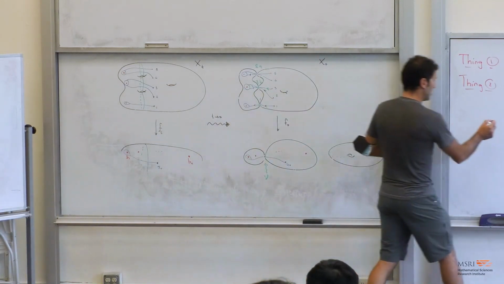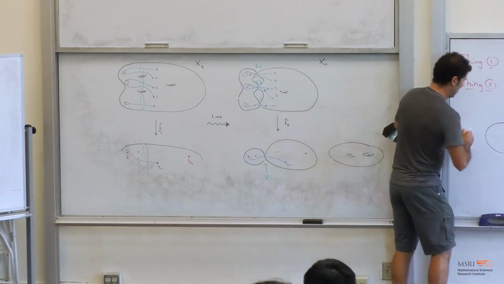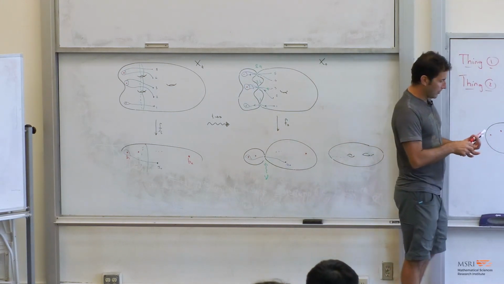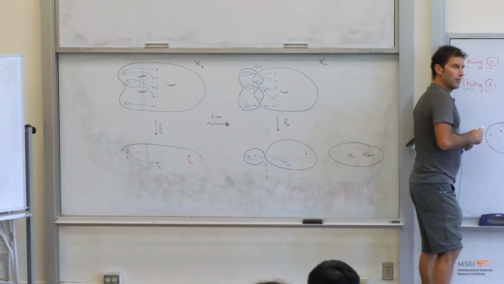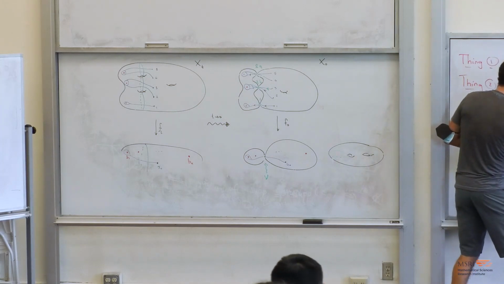Once you get to 3 branch points, the game doesn't work anymore because no matter how you cast your green lasso, you're always going to have 3 points on one side.